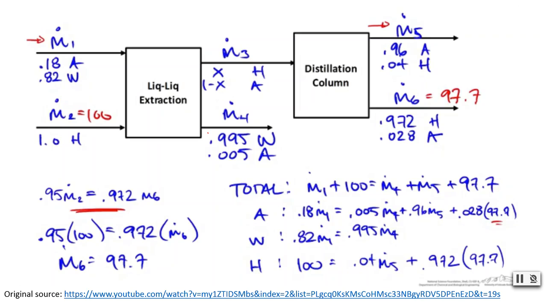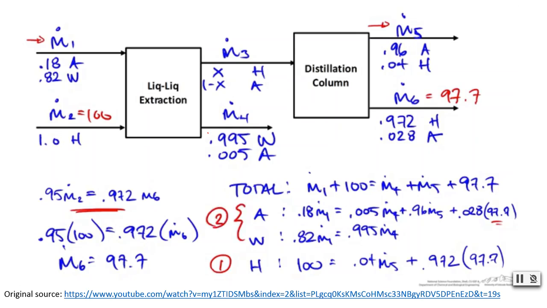With all the material balances written out, we can come up with a strategy that is easiest to solve for the remaining unknowns. So looking at this system of equations, we can see that our H balance here just has one unknown in M5, so we can calculate that first. And with M5 calculated, we can solve any 2 of the 3 remaining balances simultaneously.